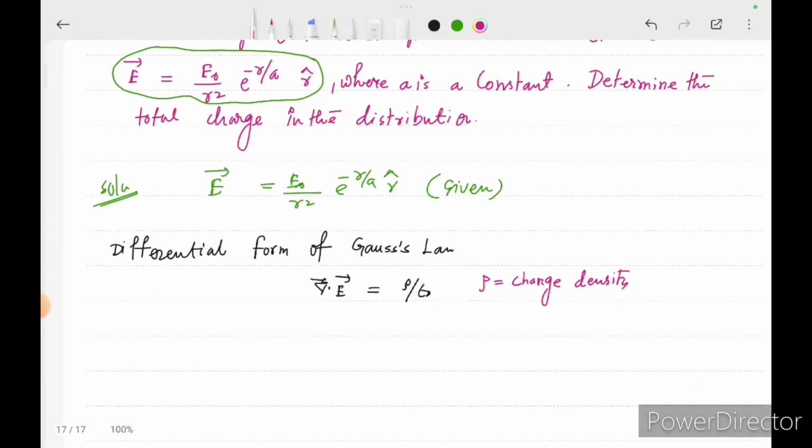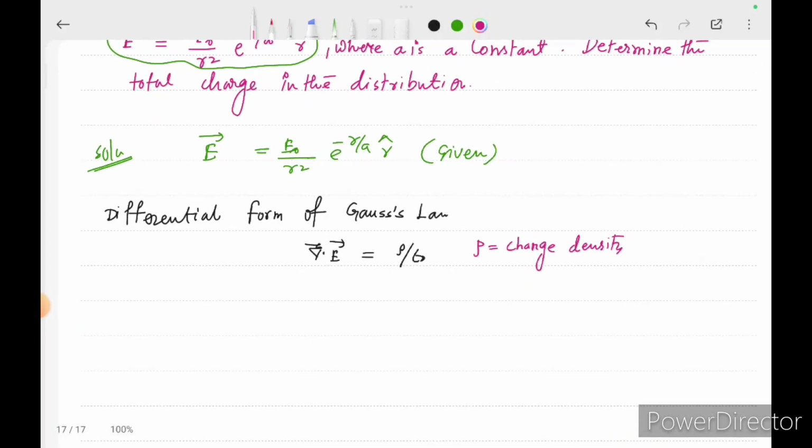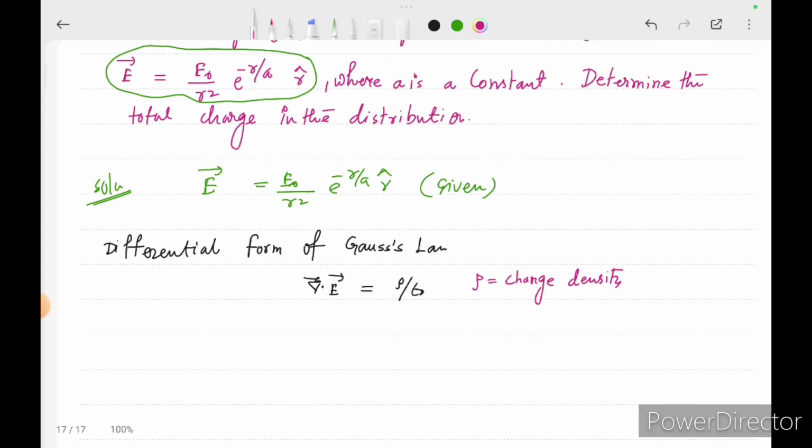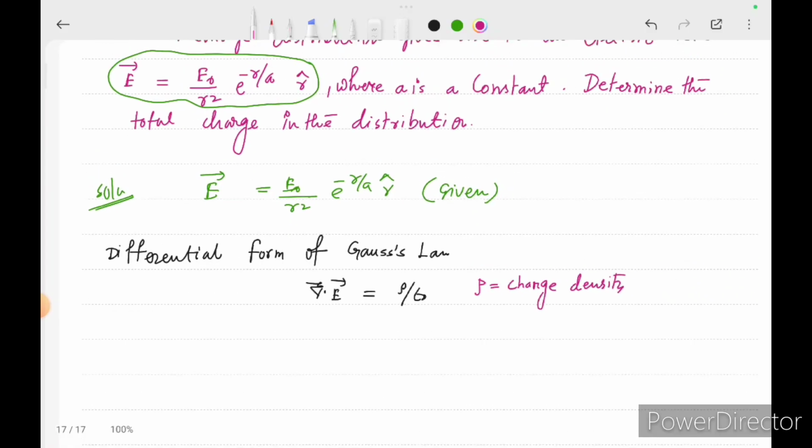Here the electric field is given in the spherical polar coordinate system, so we use the divergence rule for spherical polar coordinates. But you have noticed that the given electric field has only a radial component.